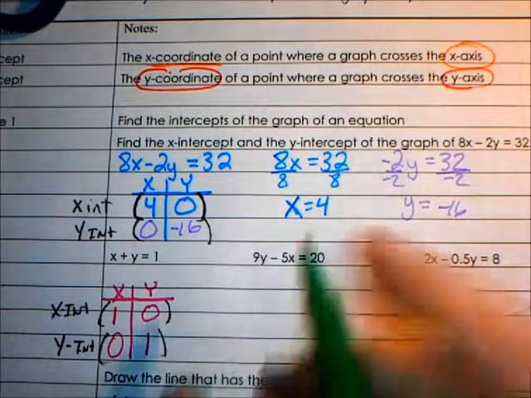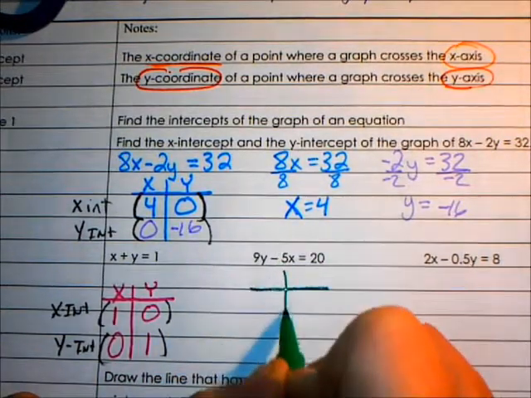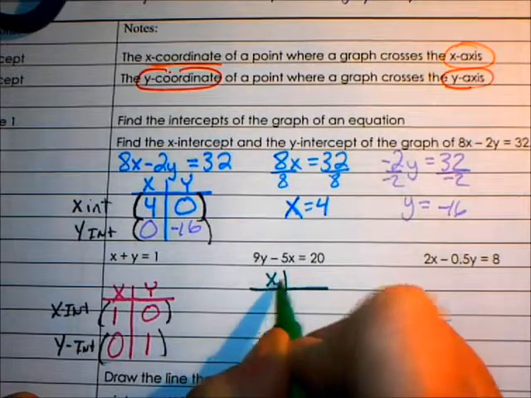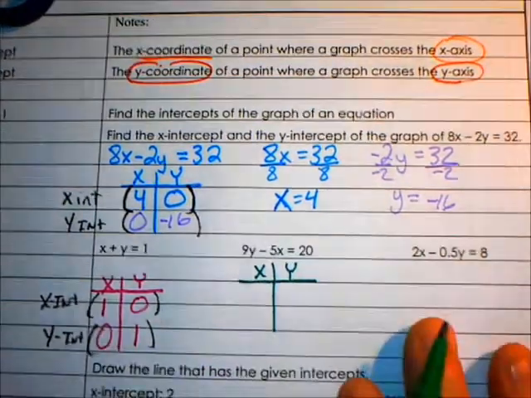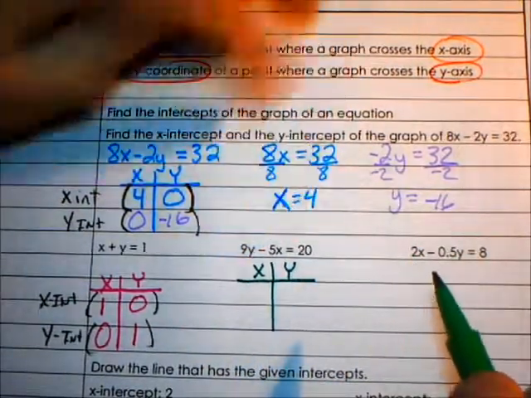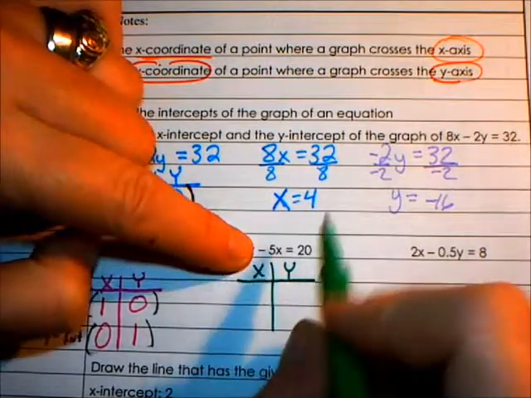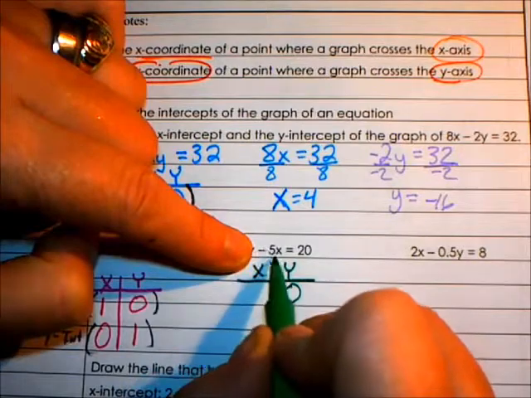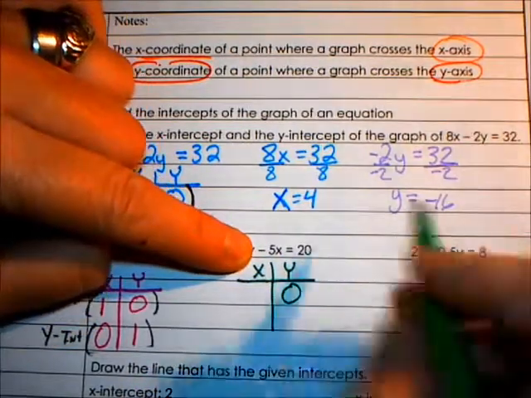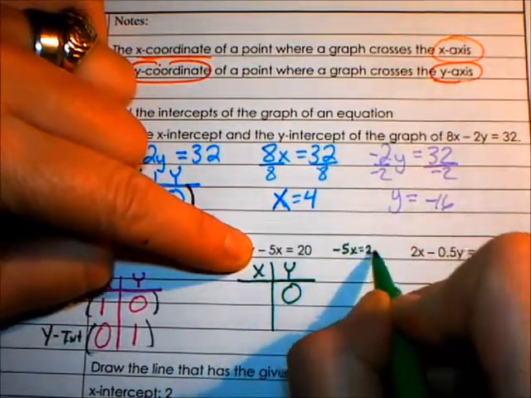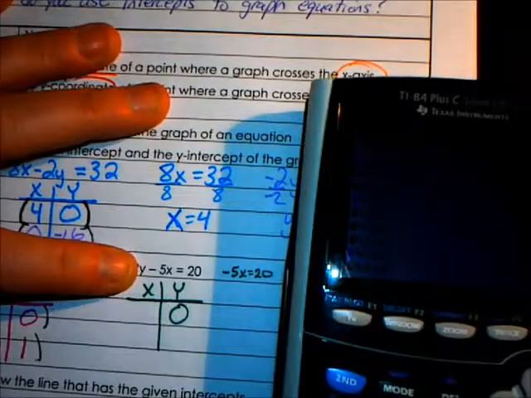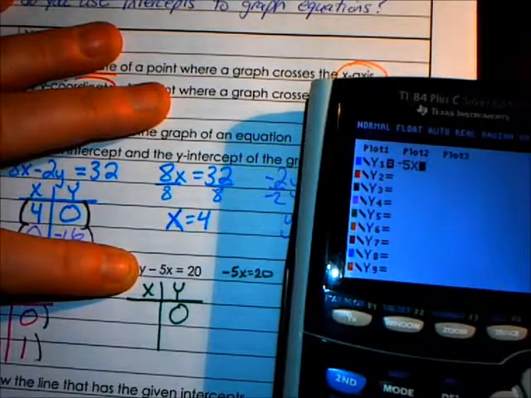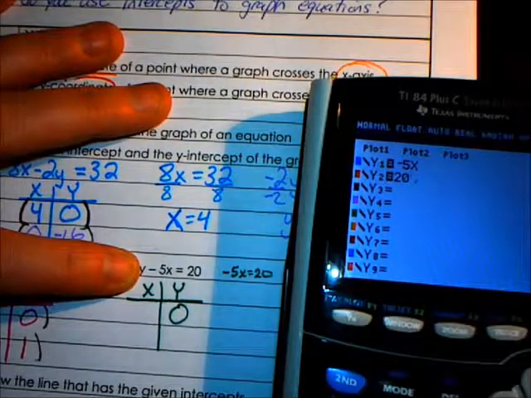If I go to the middle one, on the middle term I have a little bit of work to do. I'm going to plug in a 0 for the y. In the x, I see this is negative 5x equals 20. So if I use the calculator for this, I'm going to put negative 5x into y1, y2 will be 20.